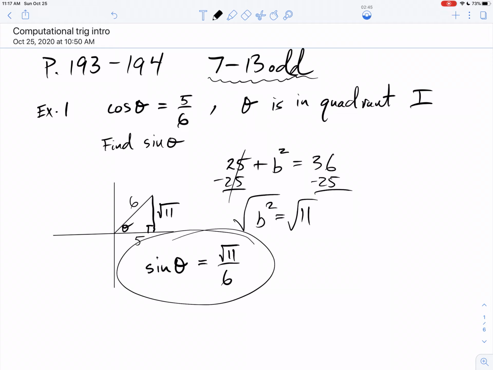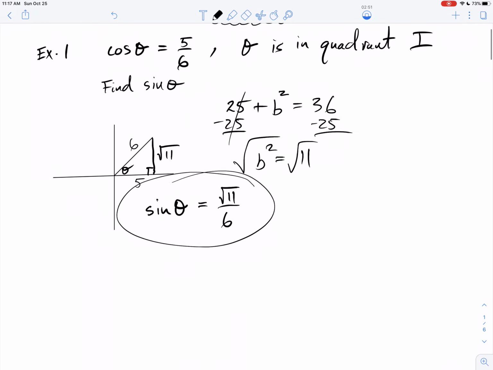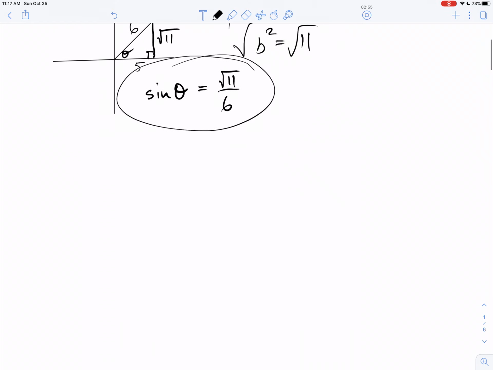Here's what they're going to show you in the book, because we are in chapter 5 now. They say, hey guys, you know this thing now. We taught you these different trig identities, and you can use this to help you get this answer if you want.